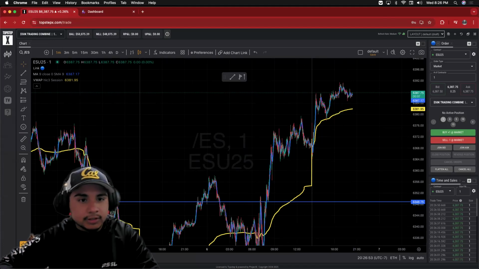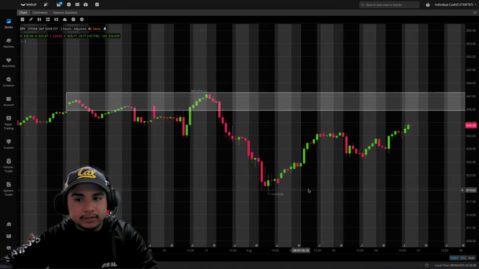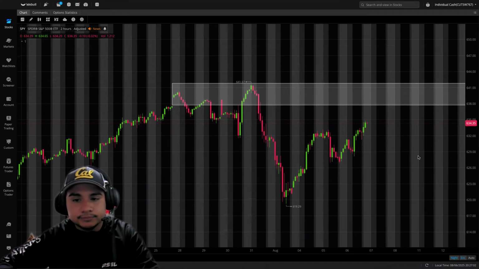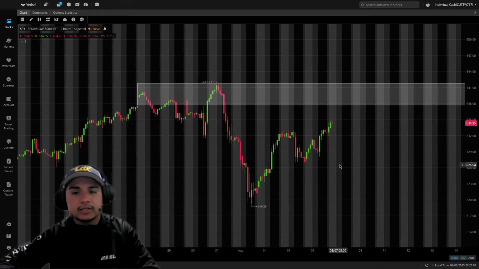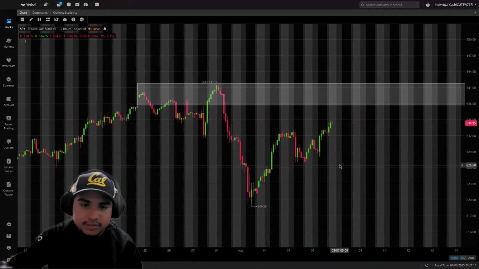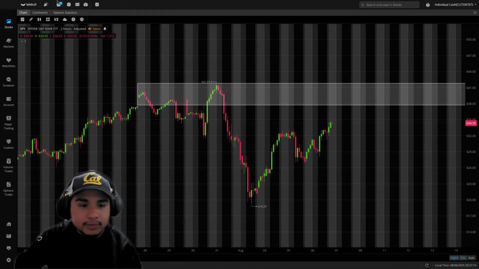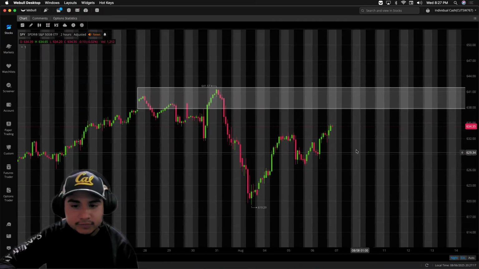So ideally, when I look at ES, I like to look at SPY. We're currently at 634. I think I'd like to watch this go down to 629. If I'm not mistaken, I think we are still in that range.